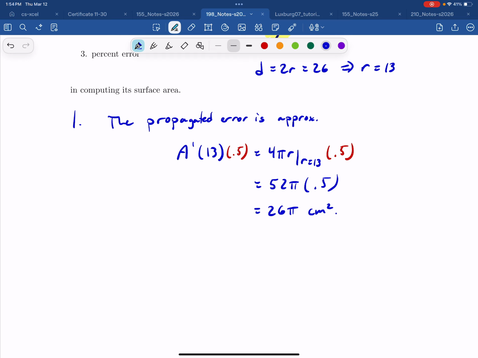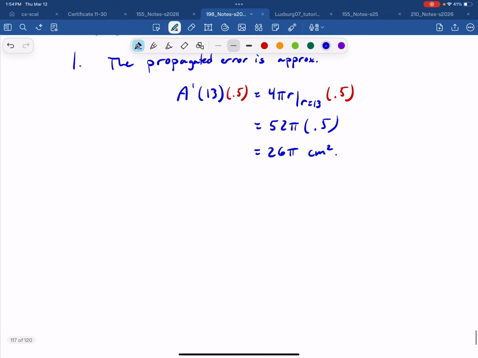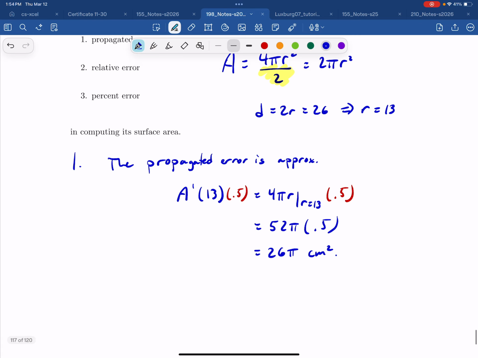Okay. So all we did was we took the derivative, and then we just multiplied it by the error. All right, so this is the propagated error.